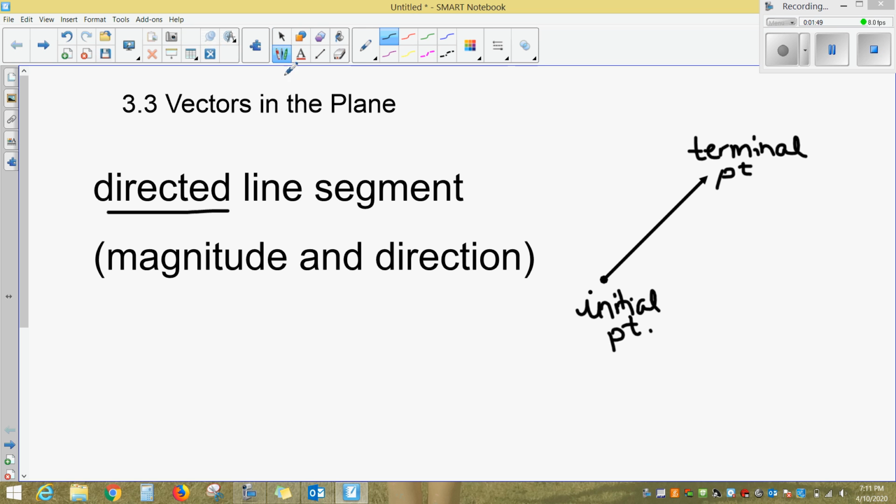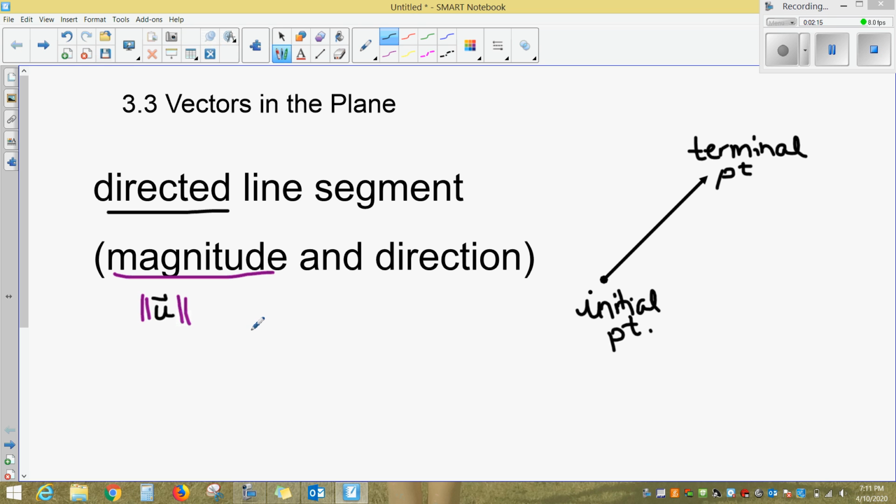When we want to talk about the magnitude of our vector, we will use double bars, so it will look like absolute values, only there will be 2 of them instead of 1. For a vector, we often use a boldface letter. A boldface U, V, or W are common vector names in your book.